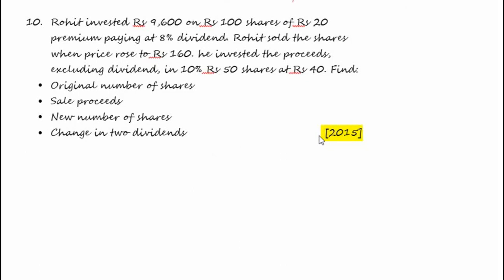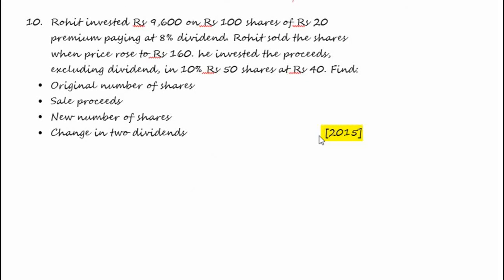So here initially the person Rohit has invested 9,600 in shares of nominal value 100 at 20 premium. So we need to calculate the total dividend that he receives here, and after some time he sells those shares at rupees 160.